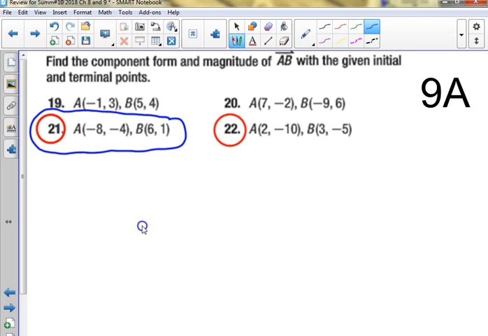That's it. Okay. So the idea is if you're going from -8, -4 to +6, +1, you're going this way because it says A to B. It will help if you draw a sketch. You certainly don't have to. Anybody remember how we find the components?